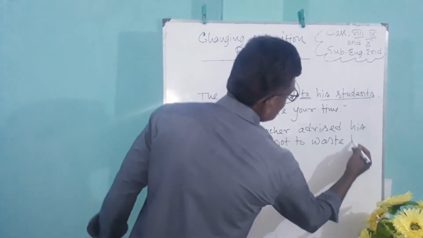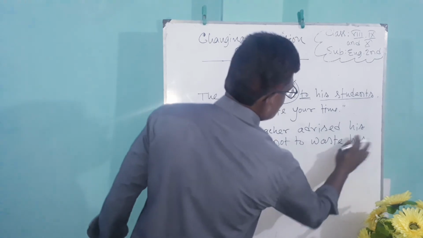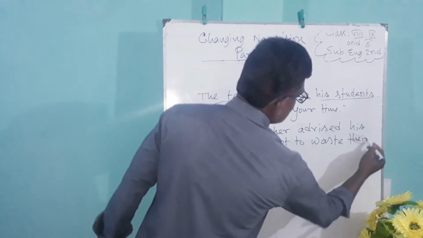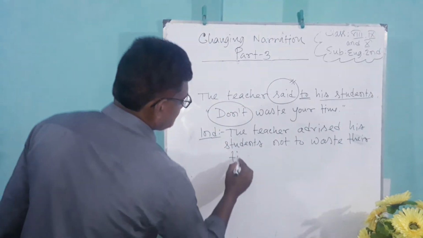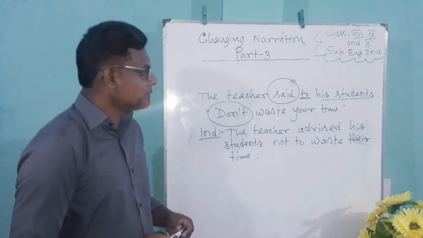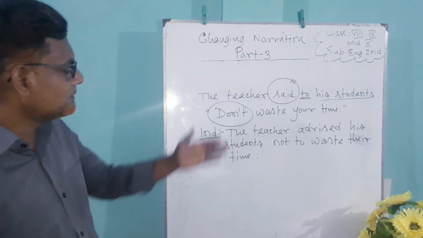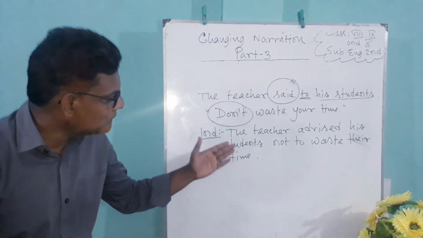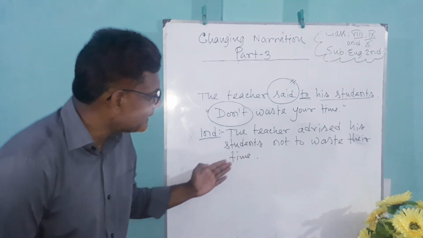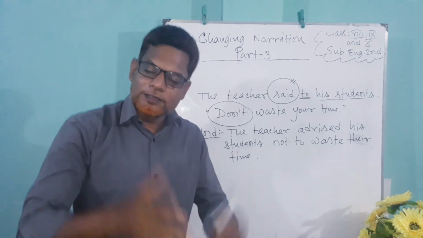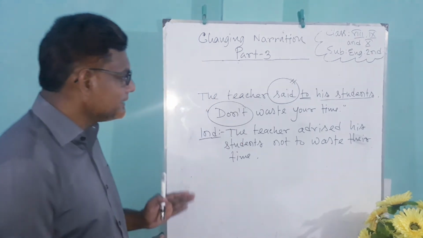So it will be "his students," meaning their time. So dear students, you can see the teacher said to his students, "Don't waste your time." If we want to change the direct narration to indirect, it will be: The teacher advised his students not to waste their time.